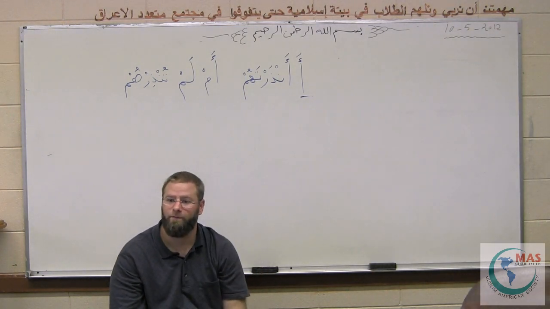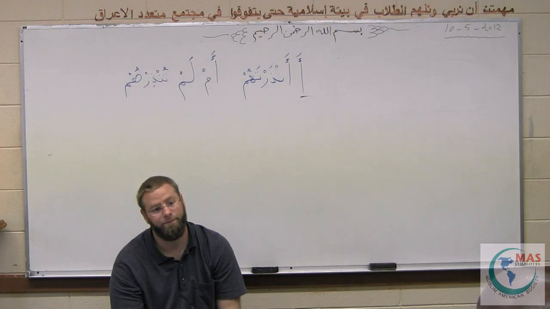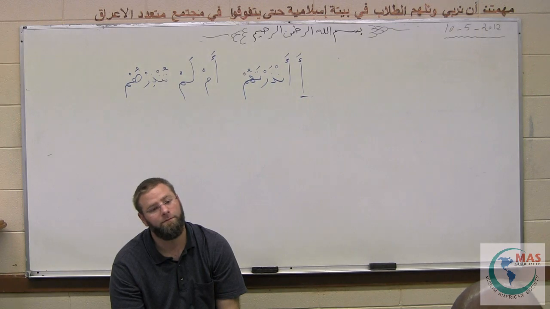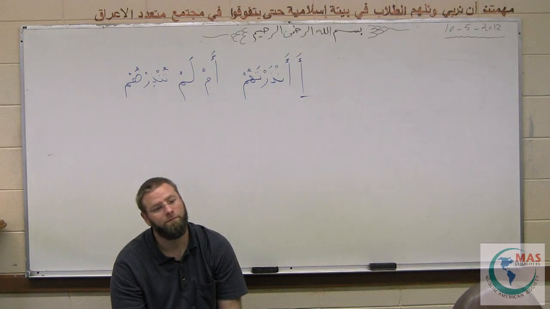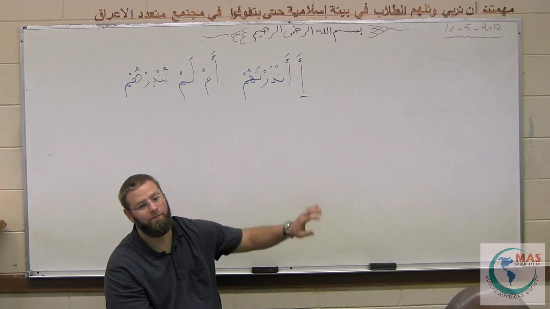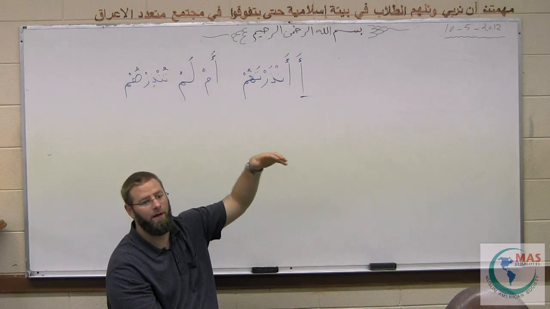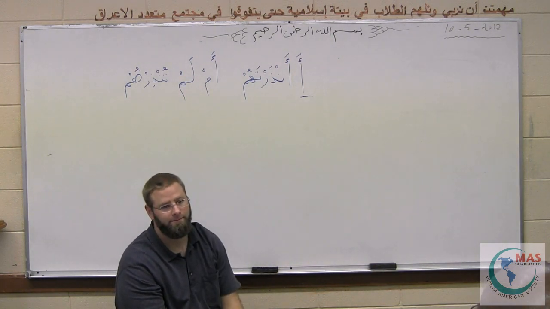So, yes, brother. I know you're going to cover it, but in the beginning we have anzartahum, and in the negative it becomes tunzir. So could that have been am lam anzartahum? No, because lam negates the past by putting a sukoon on the present tense.